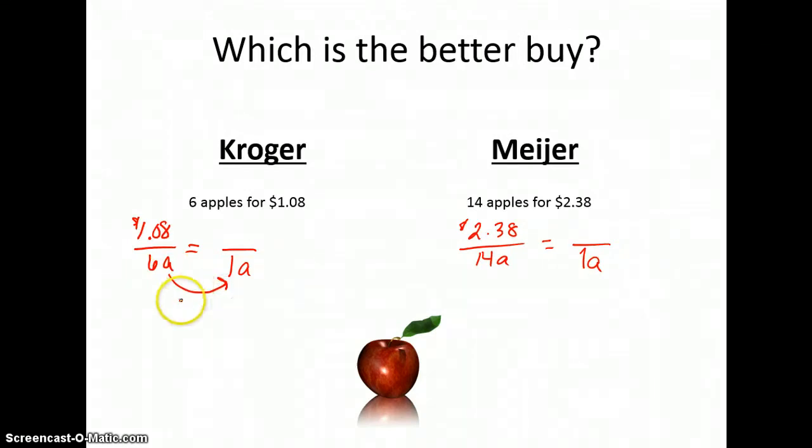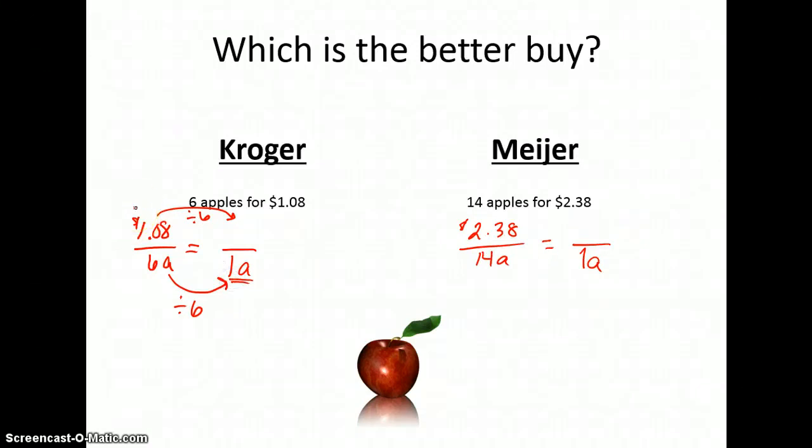So, to get from 6 to 1, I divide by 6. To get from $1.08, to figure out the unit rate, I would have to divide that by 6 as well. Because remember, I want a unit rate, which means I want a 1 in the denominator.